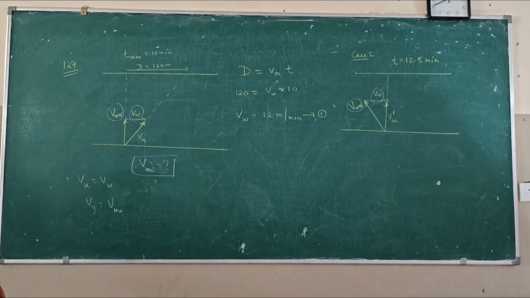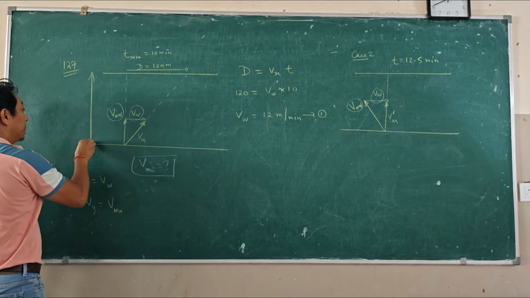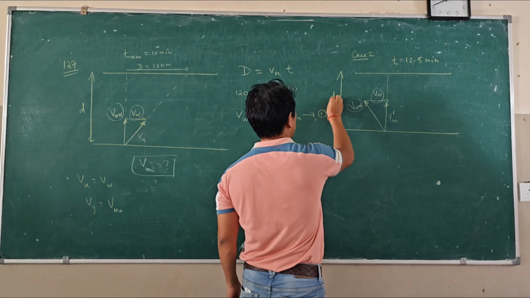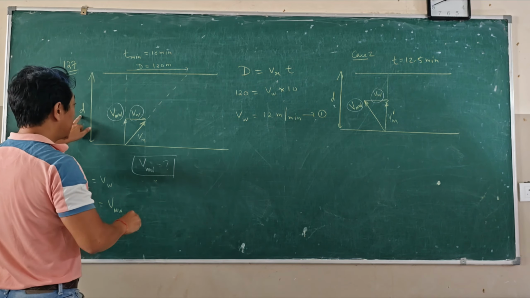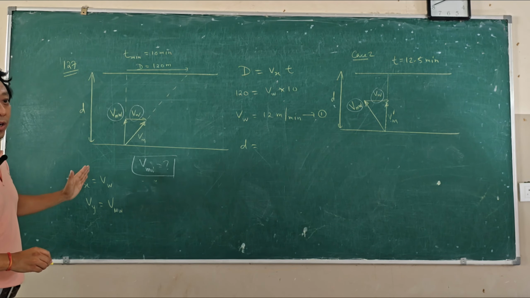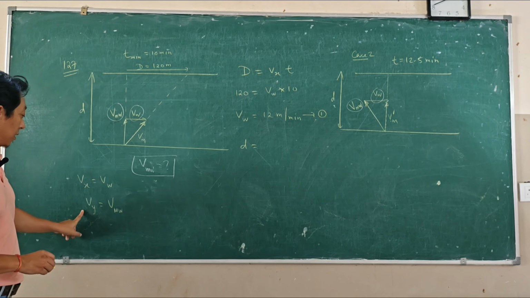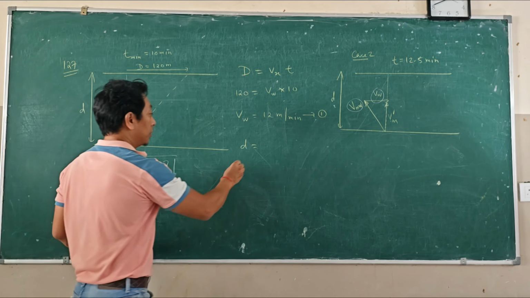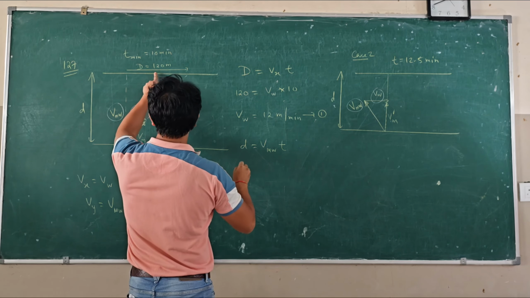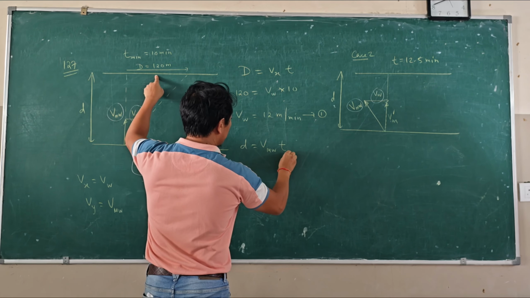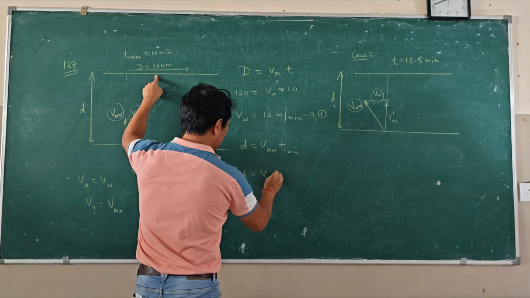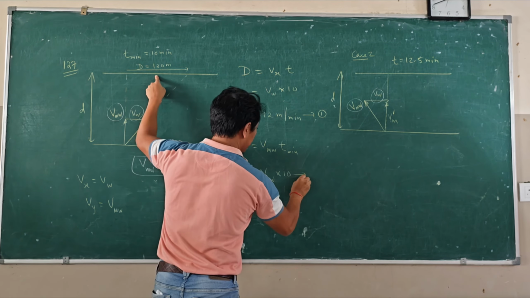Also, the width of the river will be the same. So let us try to relate that. So this D in this problem is what? Sy. Sy is what? Vy t. What is Vy in this particular case? Vmw. So D is Vmw into T, and T here was T minimum. So D is Vmw into 10 minutes.